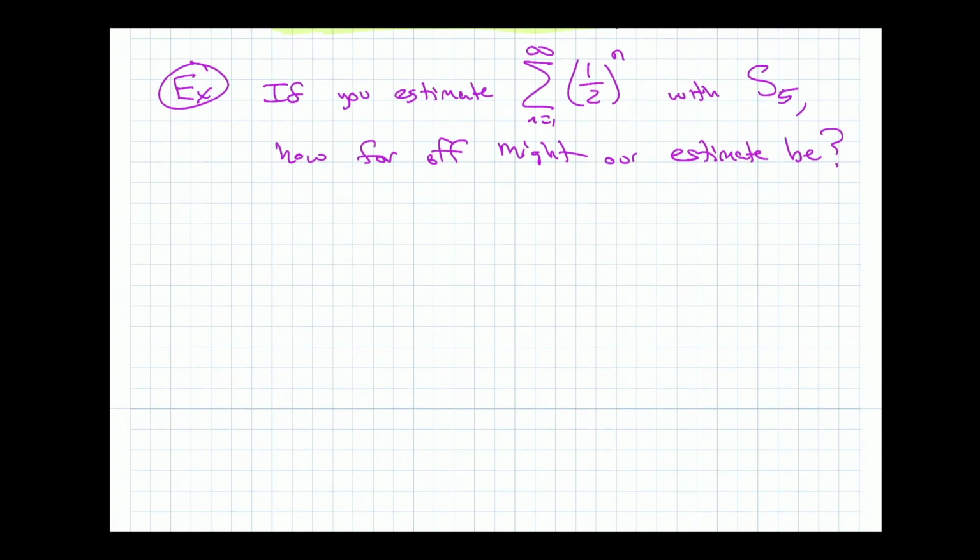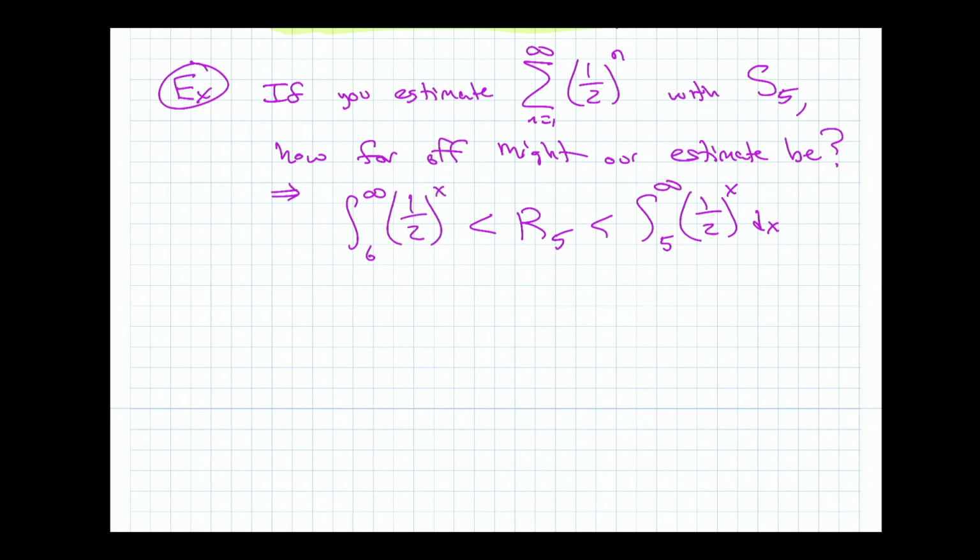So we know that R5, I'm not going to say it's decreasing and all that, but I know that R5 is going to be less than or equal to the integral from 5 to infinity of 1/2 to the x dx, and also greater than or equal to the integral from 6 to infinity of 1/2 to the x dx.